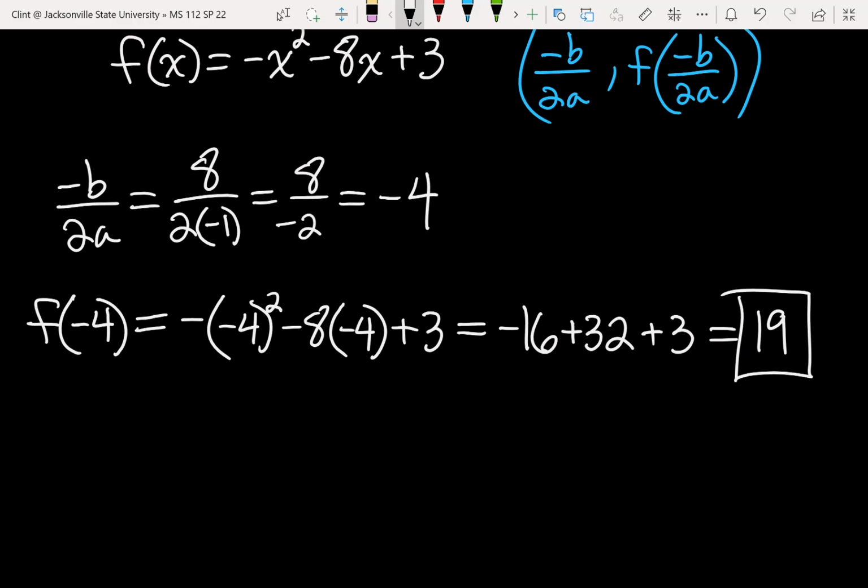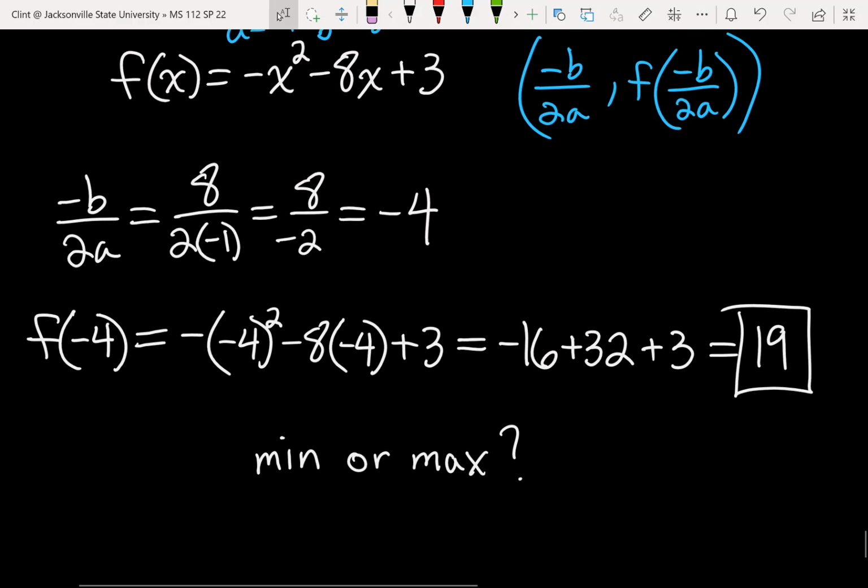Which one is it? Is this a minimum or maximum? Well, we don't have one or the other. So the way we figure that out, we have to think about whether our parabola is opening up, where it'll have a minimum, or down, where it'll have a maximum.